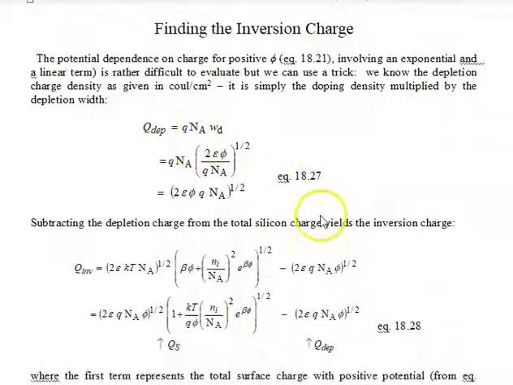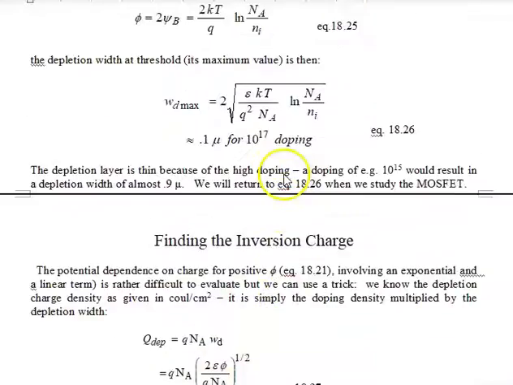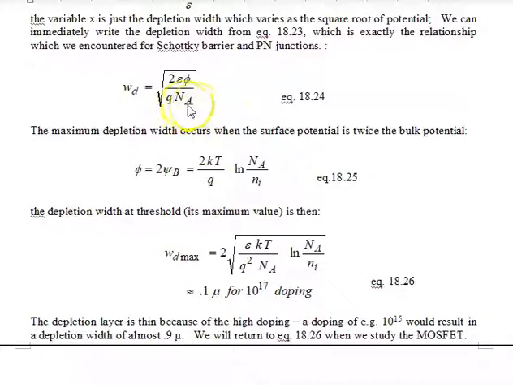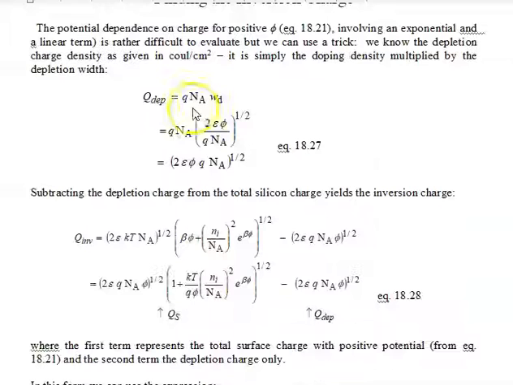And we do that, and we find that it's pretty straightforward. We know what W_D is as a function of φ, which is right here. And what we do basically is we take our total charge, which is the entire kit and caboodle, and we subtract out the depletion charge. And here is the depletion charge.